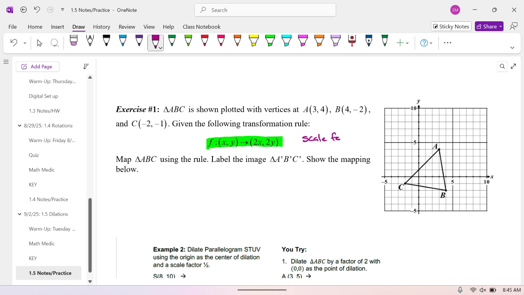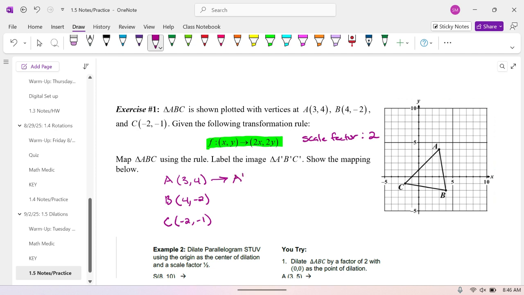So our scale factor is 2. Now, we're going to map the points, meaning we're going to figure out what the new points will be before we even graph them. All right.